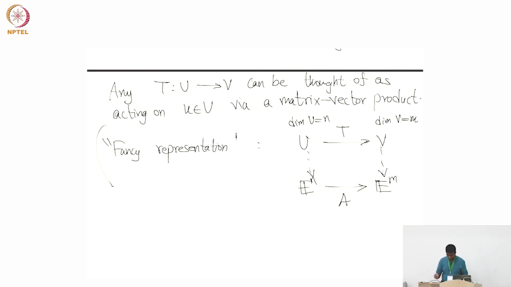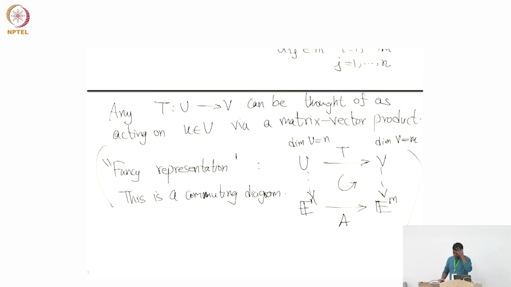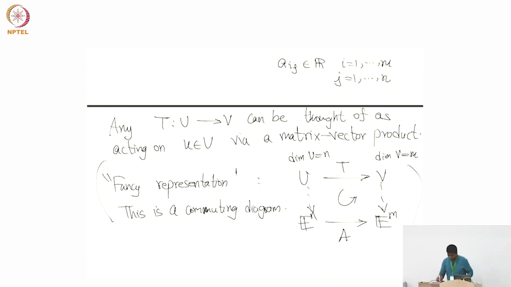You don't have to worry if you don't know what this is. People will say that this is a commuting diagram, but I've parenthesized it because it's not so important. But essentially what this says is, if I have T acting on U to produce V, I can think of that as A acting on some n-tuple vector to produce another vector, which can be related with these vector spaces.